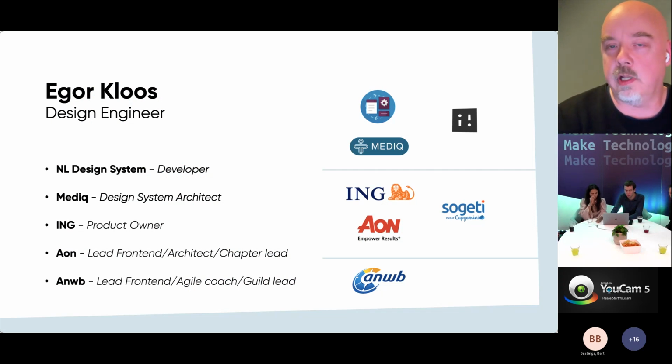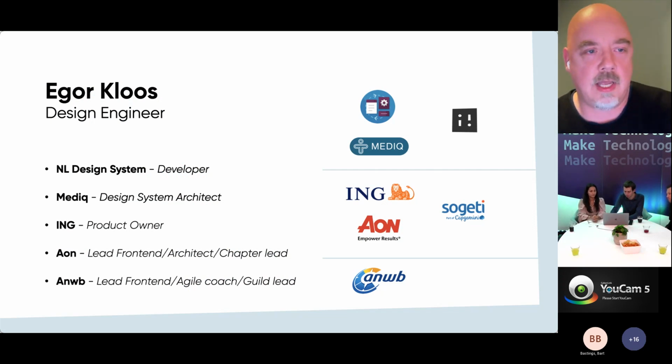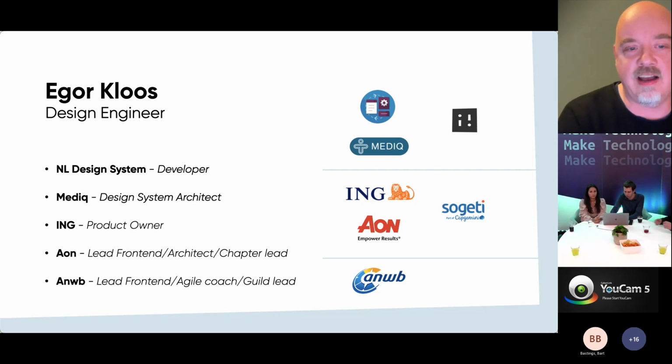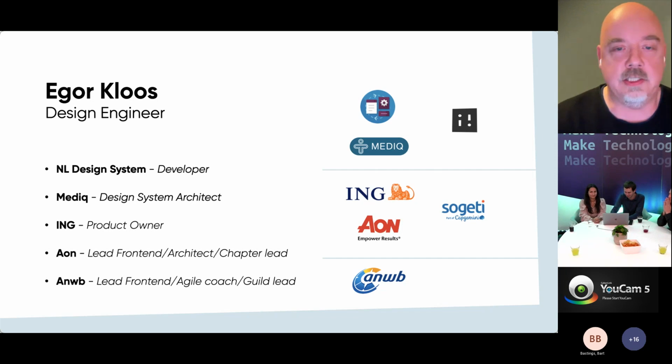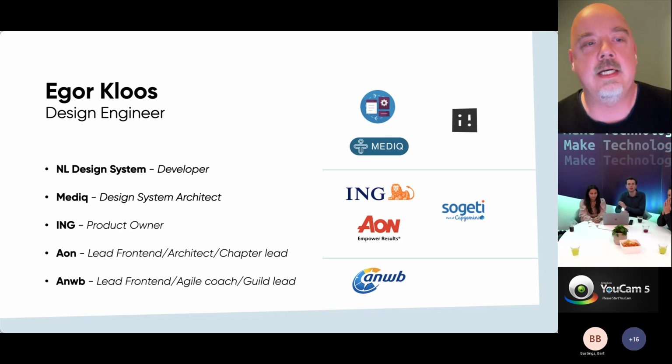I'm what we call a design engineer. I've worked for AMB as a lead. I've worked at Society for ING and Aegon and a few other companies, mainly in a kind of role where I can see where design has been implemented.